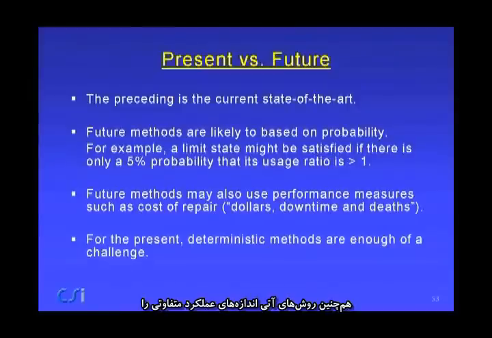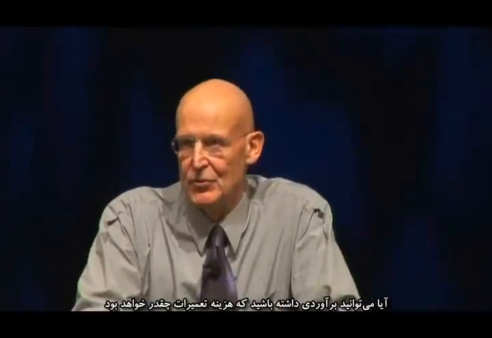They may also use performance measures which are rather different from deformation like hinge rotations. The cost of repair, this is a dollars, downtime and deaths type thing. Could you make an estimate of what the repair cost will be? And then if you're using demand capacity, well, the capacity is how much can you afford, and the demand is how much will it cost.